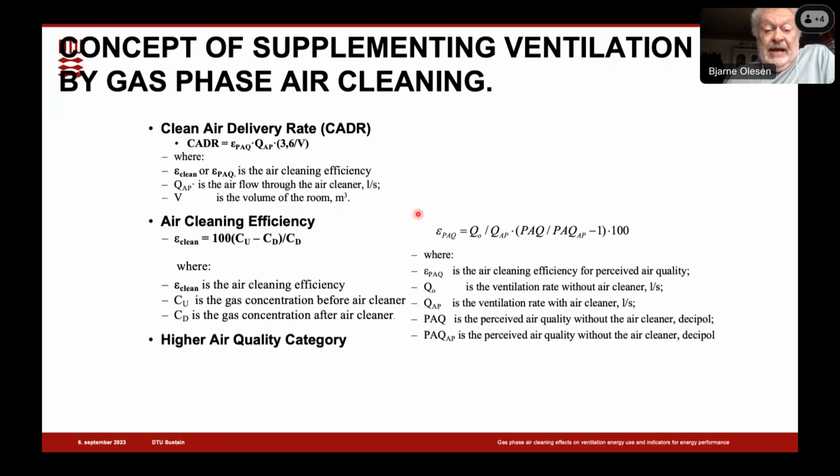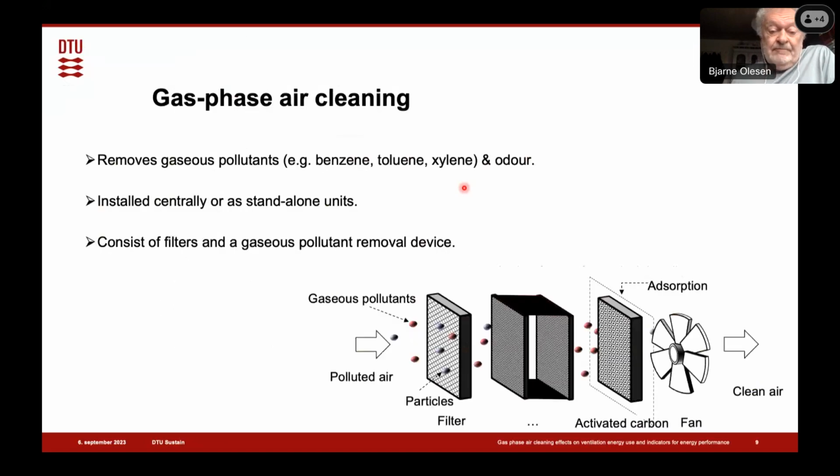We can do that by doing a test where we measure perceived air quality. You see different equations here, but basically what we look at is how many people are dissatisfied with the air quality, depending on the performance of the air cleaner or how much you ventilate. I'll go back to that.